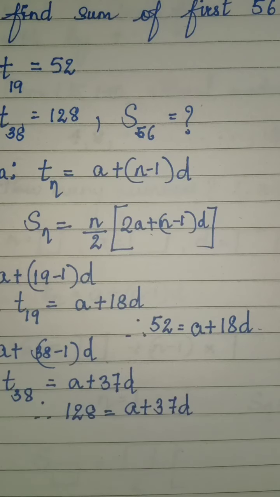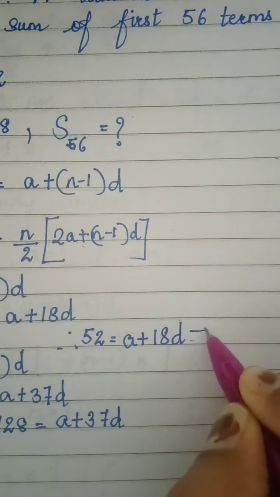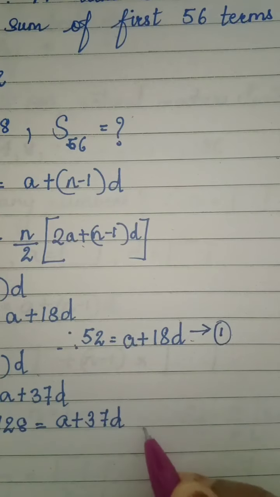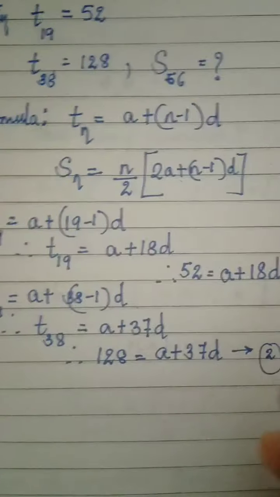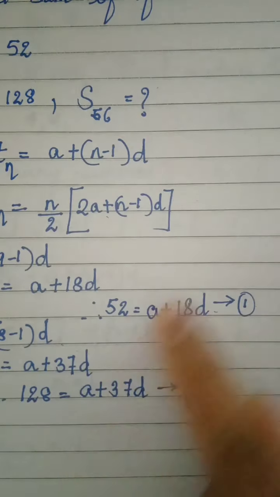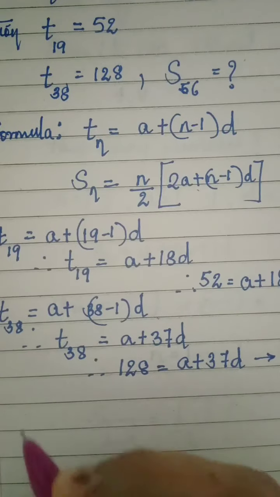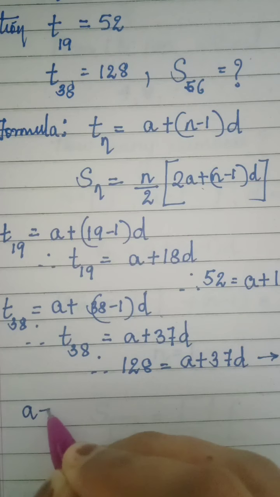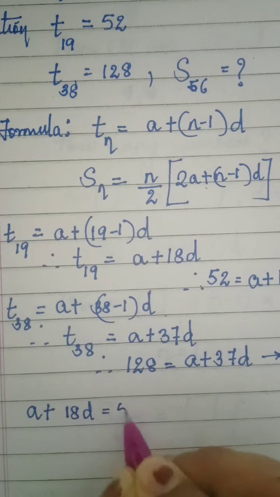Are you understanding till here? Okay. Now I will solve these two equations. This equation I'll give it as number 1. This equation I'll give it as number 2. Now let me solve. As you can see here, A. So I will go for subtracting equations 1 and 2. Directly I'll start. So this is A plus 18D is equal to 52.